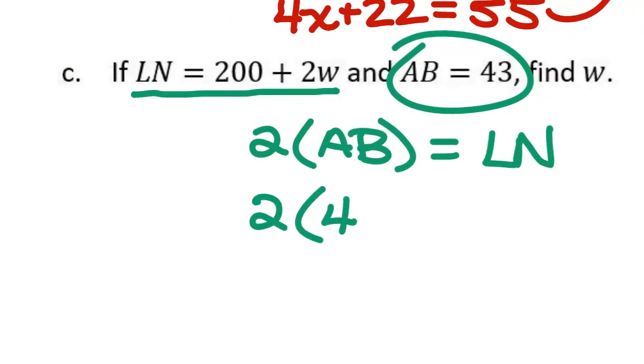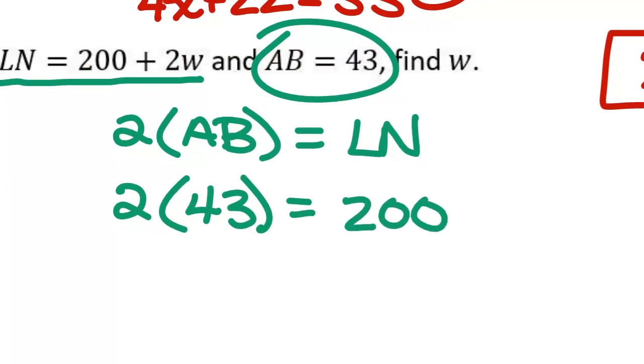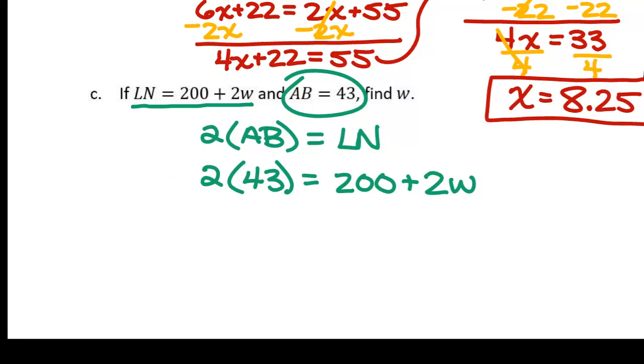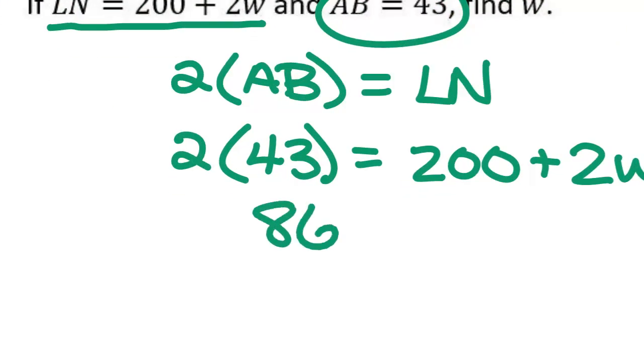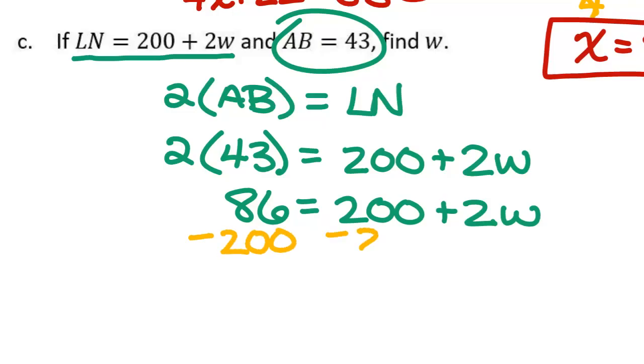So 2 times 43 equals 200 plus 2w. 2 times 43 is 86, so 86 equals 200 plus 2w. Subtract 200 from both sides.